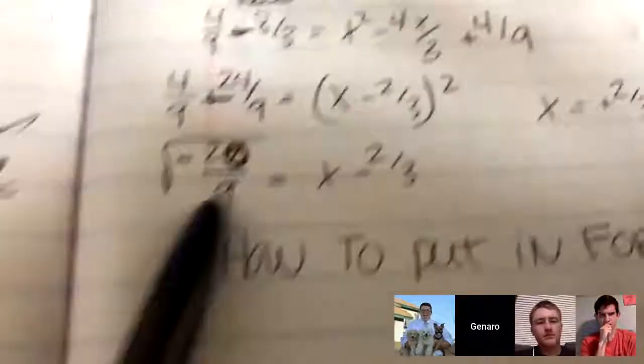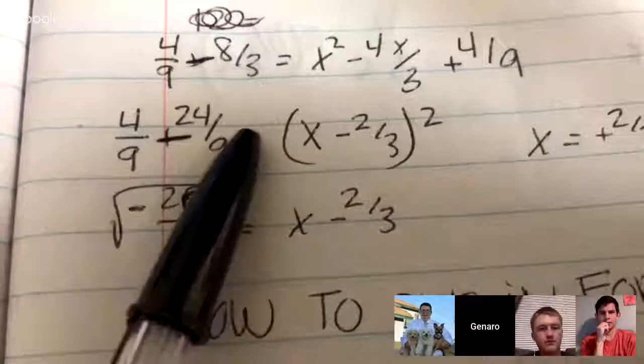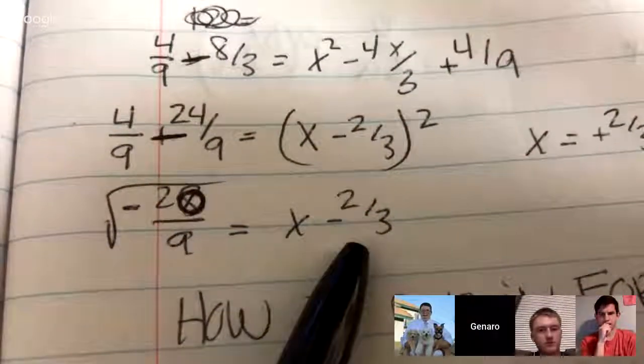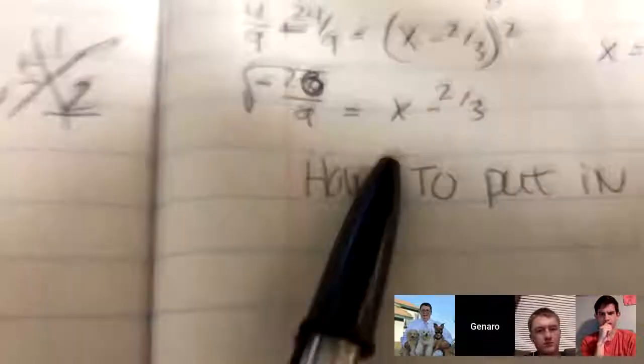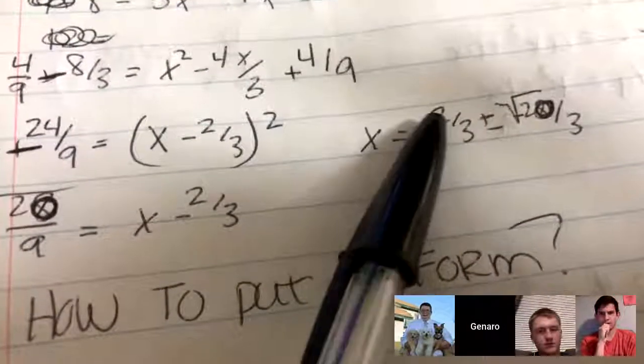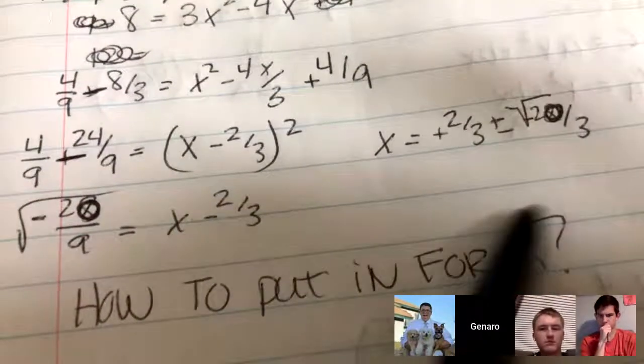And you square both sides. On this side, because it's 4 minus 24, you get negative 20 over 9 equals x minus 2 over 3. Then over here, because you add the 2 over 3 to the other side, and you square the bottom of the 9, that's 3.